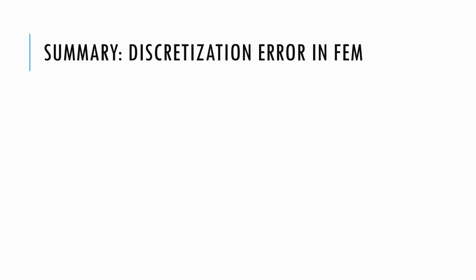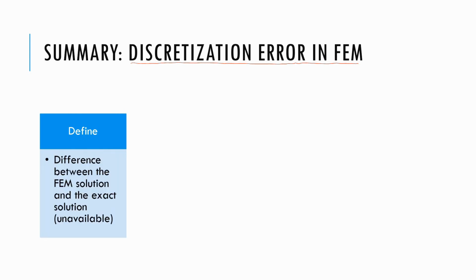To summarize then, the discretization error in finite element method is the difference between the solution we get using the FEM method and the exact solution. Well, it's nice to define error like that. Because we do not know the exact solution, we cannot compute this error exactly.